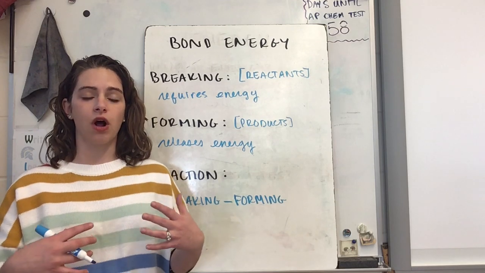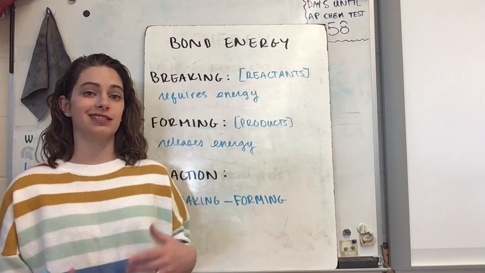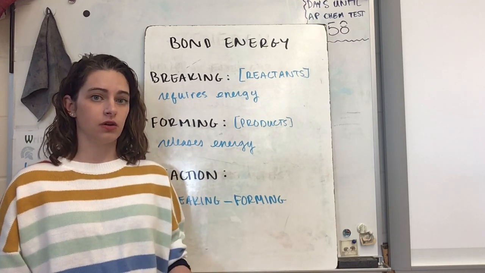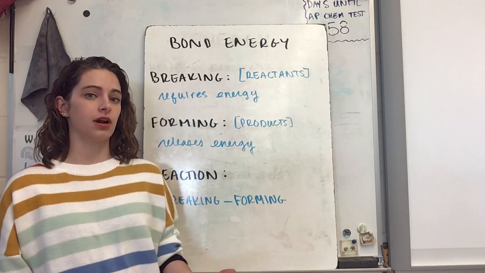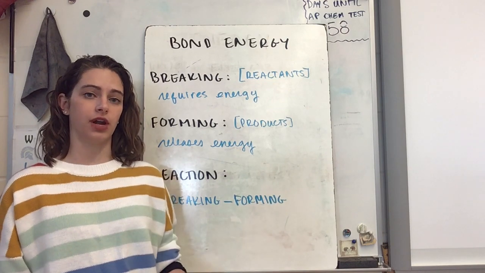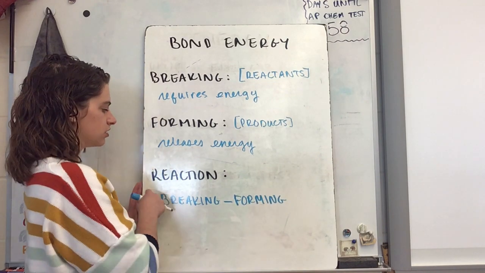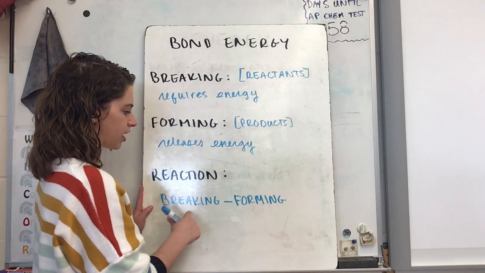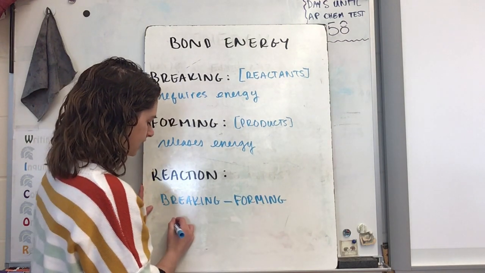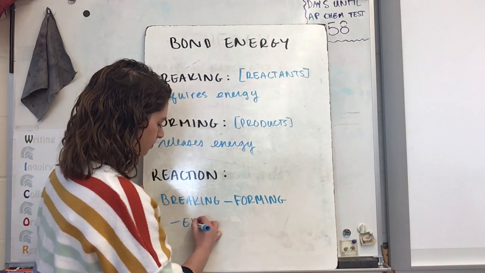If it's overall a negative number, that means it's an exothermic reaction. Okay, so you're getting energy out. If it's an overall positive number, it means it's endothermic. So you're going to have to put energy in to make that happen. So when we look at the overall reaction, when we do breaking minus forming, if it's negative, it's going to be exothermic.